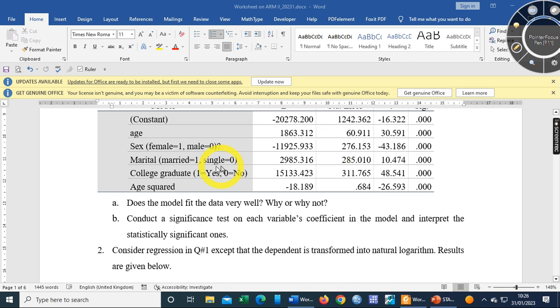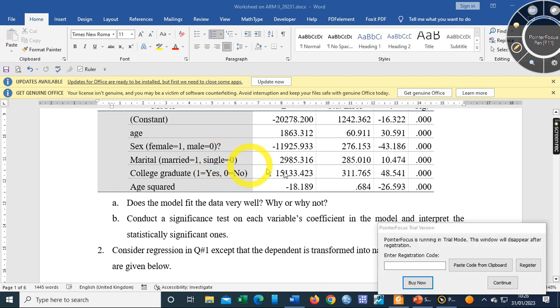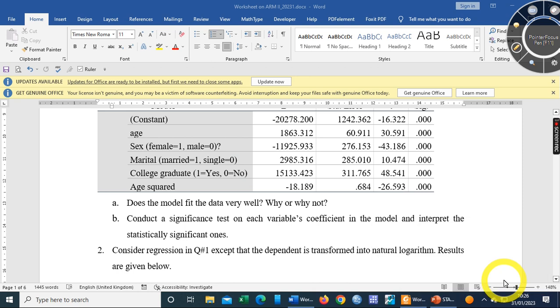The third variable is also a dummy variable, and our reference group is individuals or respondents who are single. The coefficient 2985.316 means that respondents or individuals who are married earn higher real income than individuals who are single.